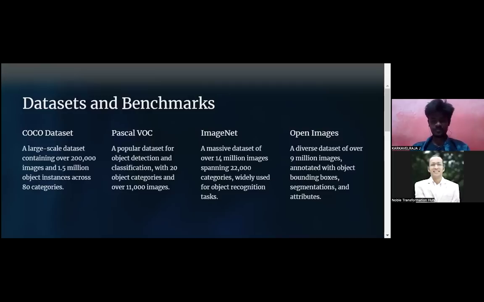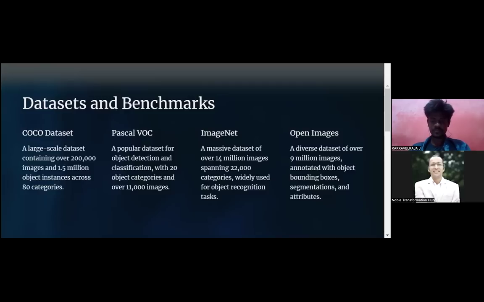So it's a huge dataset. Then Pascal VOC, a popular dataset for object detection and classification, with 20 object categories and over 11,000 images. ImageNet, again a massive dataset, with over 40 million images spanning 22,000 categories.